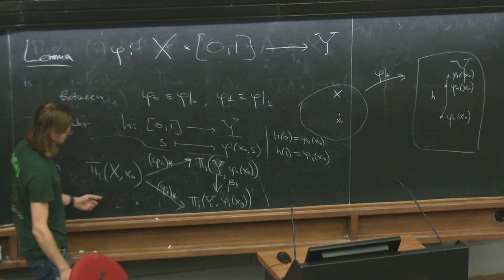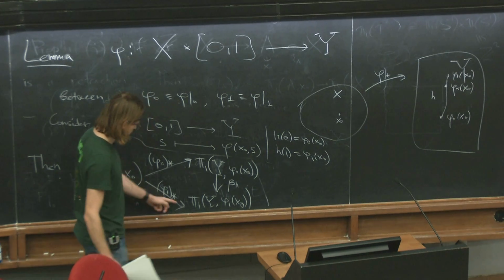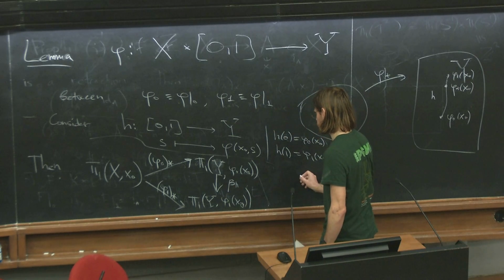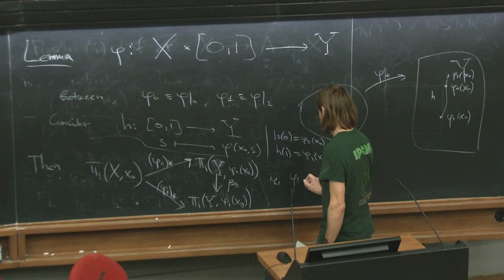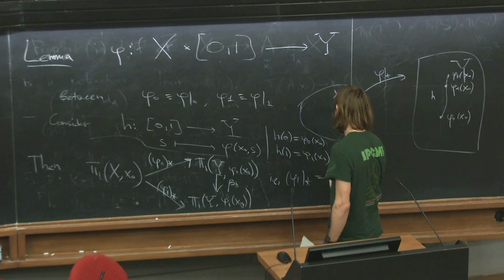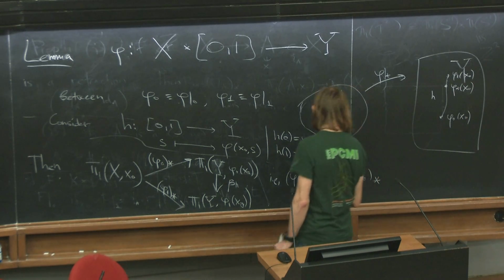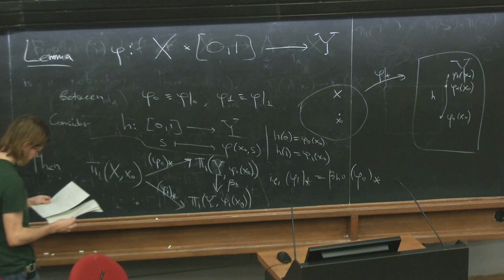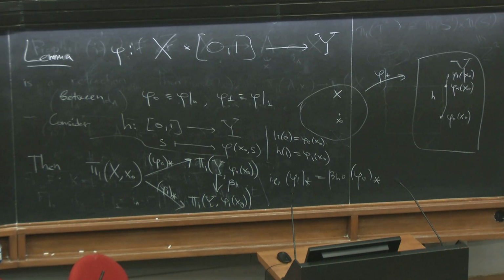The statement that this diagram is commutative means that this map is a composition of these maps, or, if you wish, that phi_1 star is the same as beta_h composed with phi_0 star. This is the statement which we want to prove.